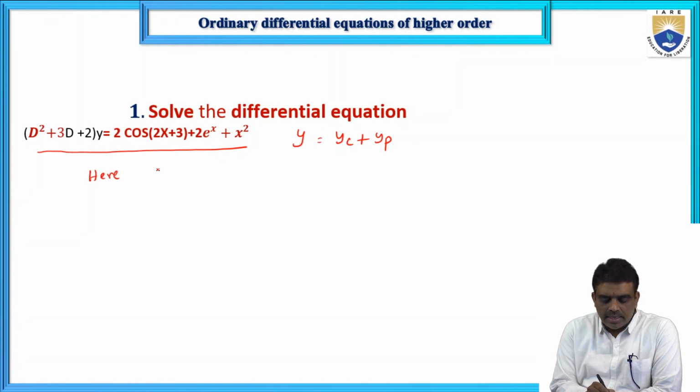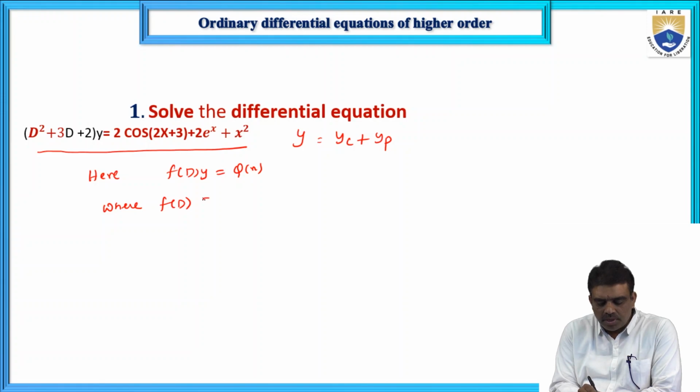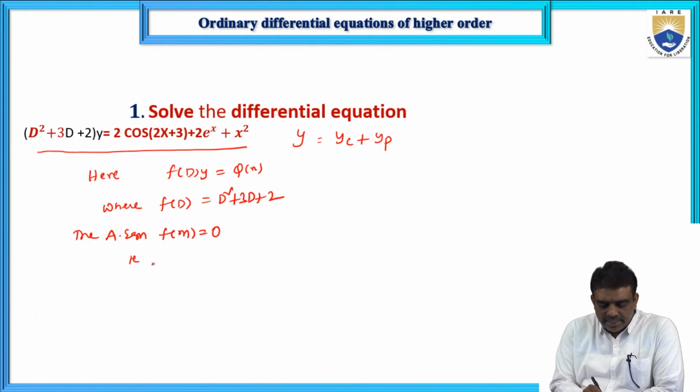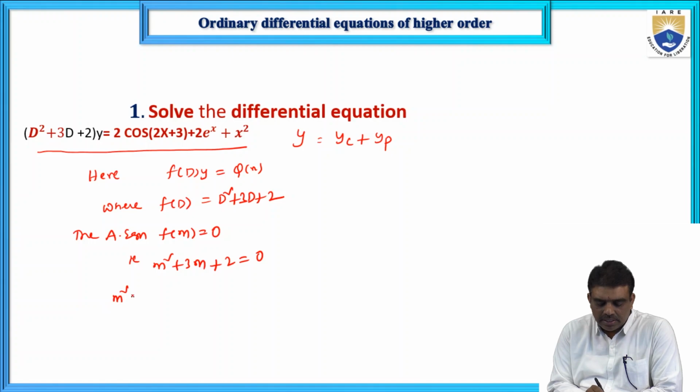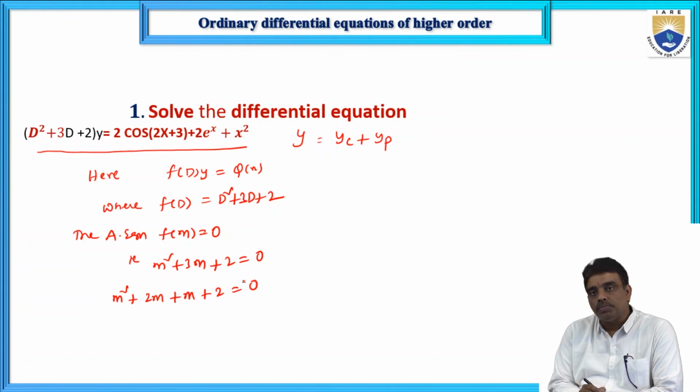Here, the equation is in the form f(D)y = Q(x), where f(D) = D² + 3D + 2, and the auxiliary equation is f(m) = 0, that is m² + 3m + 2 = 0. On writing in factor form to find the roots, m² + 2m + m + 2 = 0, since 3m can be written as 2m + m. So (m + 1)(m + 2) = 0.